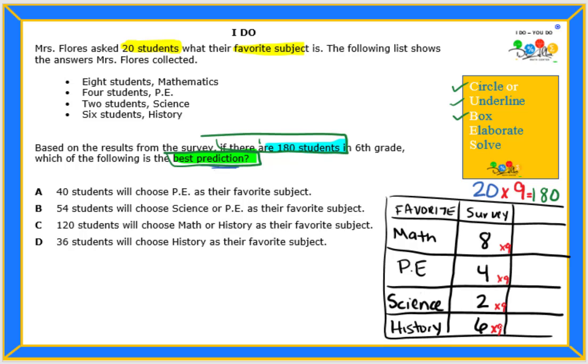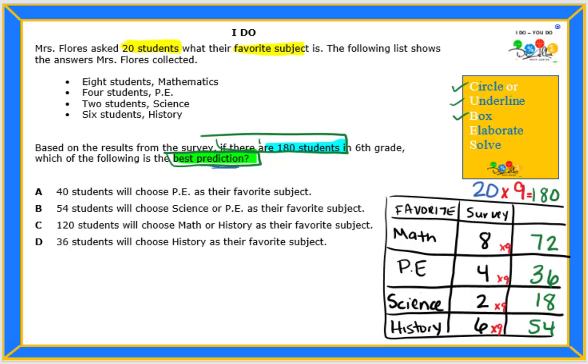that if we ask 180 students, then for math, it would be 8 times 9, there would be 72. For PE, 4 times 9, that would be about 36. For science, 2 times 9, that would be about 18. And for history, 6 times 9, that would be about 54.